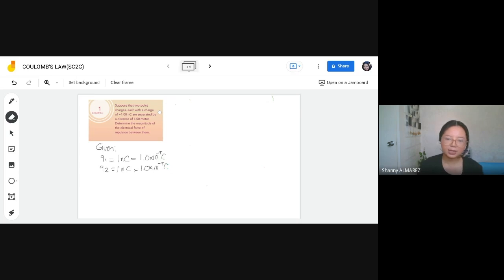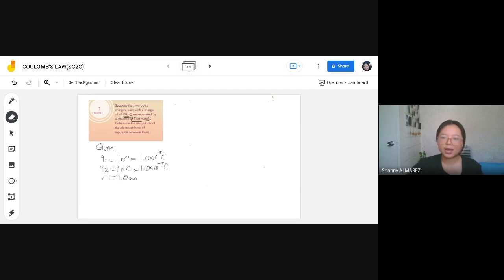Okay, next, aside from the charge, we also have a separation or a distance of 1 meter. So tingnan natin, ang meter ay nasa standard unit na siya. Therefore, hindi na natin siya kailangang i-convert. So this is now our meter. So what other given can we list? Wala na. Ito lang yung nasa context.